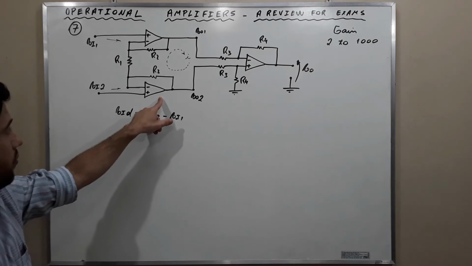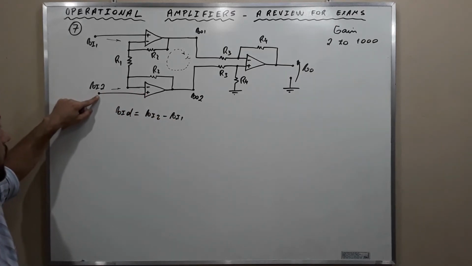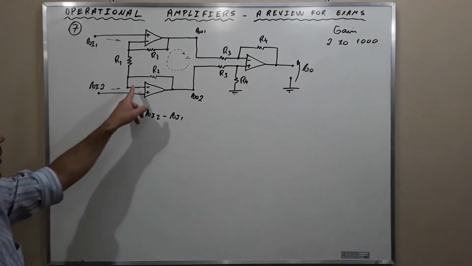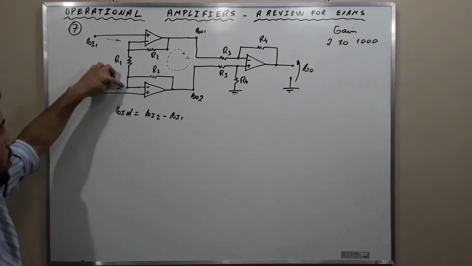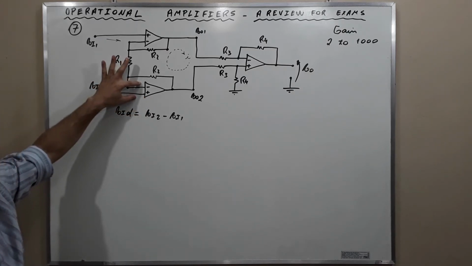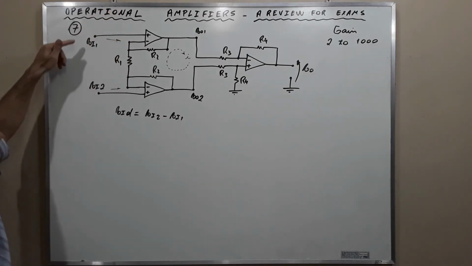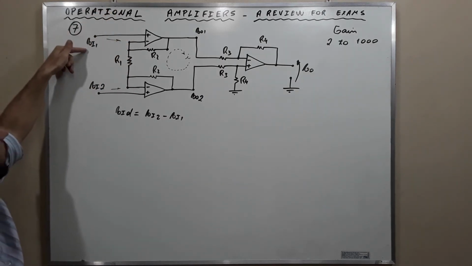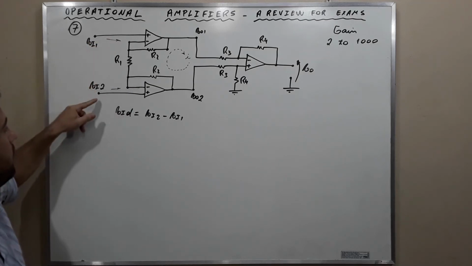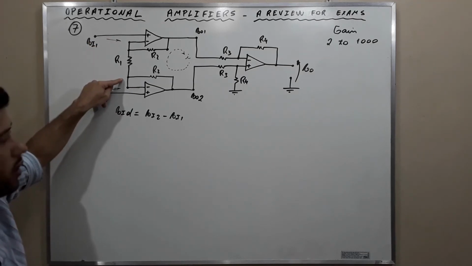If this is the case, then the voltage here will appear here, okay? Because there is a virtual short circuit here, and here as well, okay? Then this voltage is going to appear here, and this voltage is going to appear here, alright?